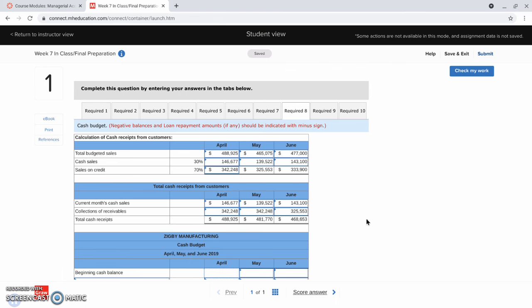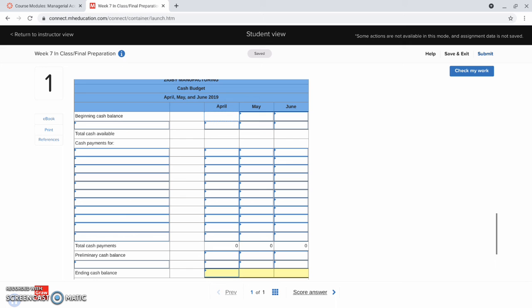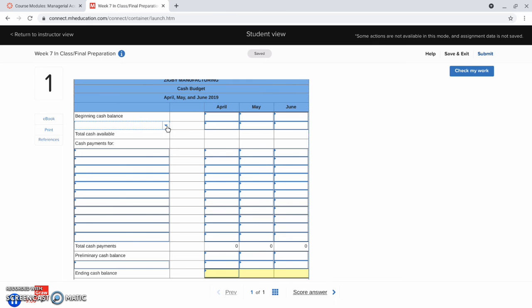All right, so now we're about ready to start on our cash budget. This is going to be where we start getting very much into the weeds on things. And a lot of this stuff would come from other schedules that we did earlier. First up, though, we're going to set up our columns. Let's see. We need our cash receipts from customers.